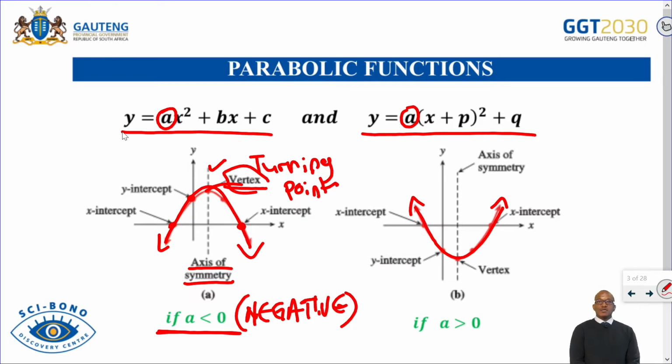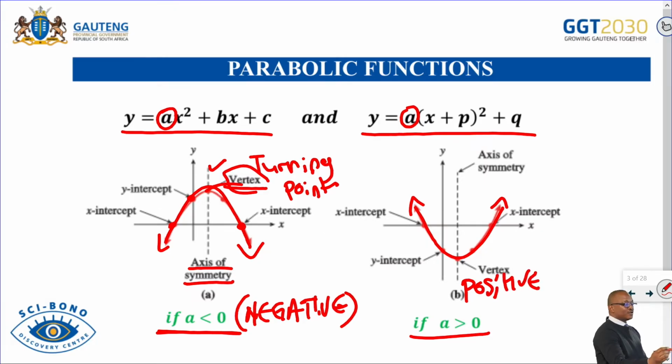So now, if a is greater than 0, it means a is a positive number. And if a is a positive number, your graph will face upwards. Since your graph will face upward, you also have to get your x-intercepts, your y-intercept, and the axis of symmetry.